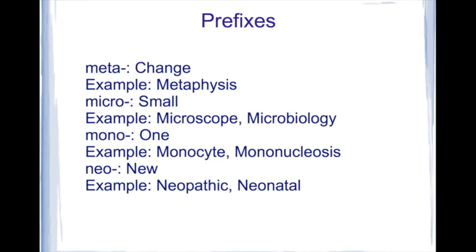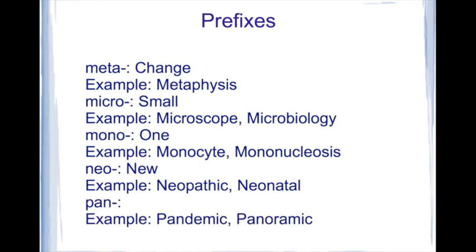Pan. Now, if you know Spanish, you know that pan means bread, but that doesn't apply here. Unfortunately, it doesn't always match up. All right, pandemic. Once in a while, we have to deal with global pandemics. What about a panoramic photograph? If I were to take a panoramic photograph, how much of the environment am I able to see in that picture?